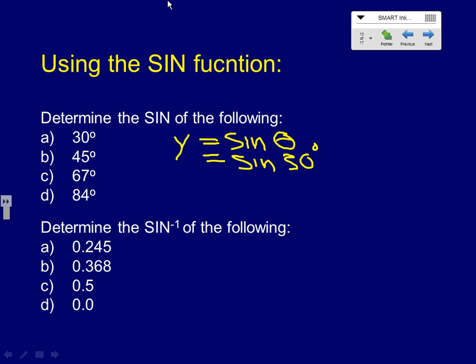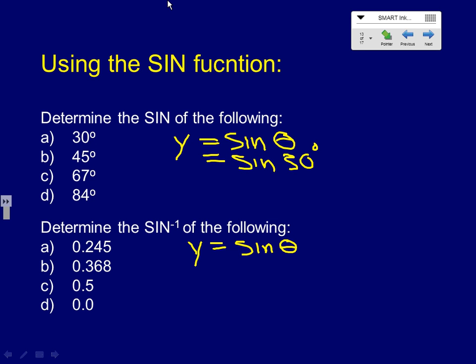Now, in this case, we have the y. In this case, we know what that y is, and we want to find out what the angle is, all right? So the way this is written is, in this case, we would have y equals sine theta, right?